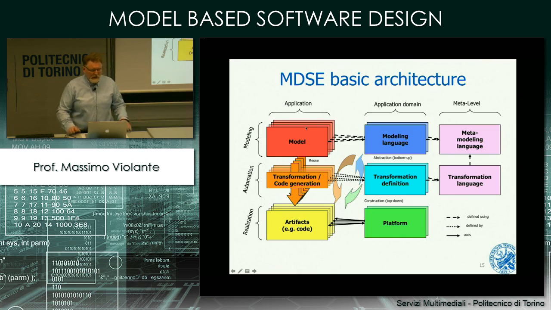We have seen in the first half hour of this lecture that the model is the abstraction of the physical system that contains all the properties that are relevant for what we want to do. This model is obtained through a modeling language. This modeling language is specific for a given application domain.